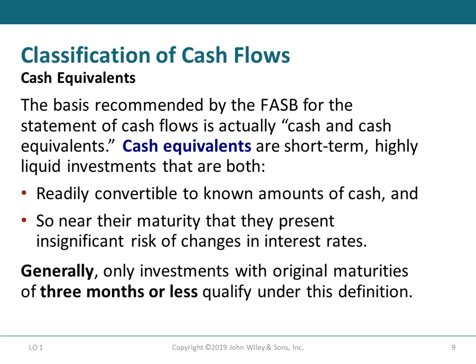So, a cash equivalent should have the two criteria. The first one, readily convertible, the second, near the maturity. Generally, only investments with original maturities of 3 months or less qualify under this definition.